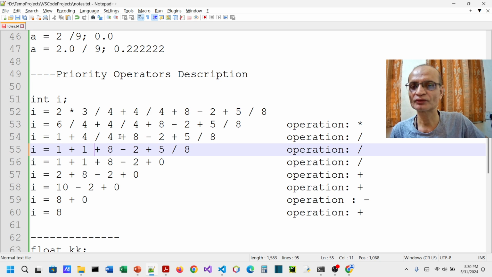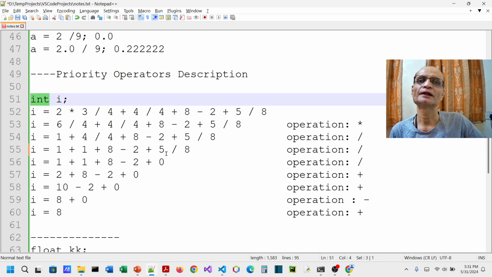So here you will see 4 by 4, so you are going to get 1, followed by the remaining part. Then 1 plus 1, then plus 8 minus 2 plus 0. So it's 2 plus 8 minus 2 plus 0, then 2 plus 8 is 10, minus 2 plus 0, then 8 plus 0, and then 8. So in the end 8 will get assigned. This is the way it is going to happen if you have an integer I.